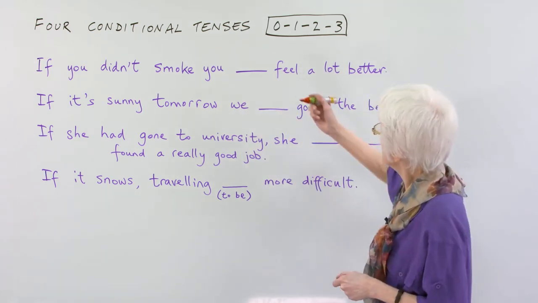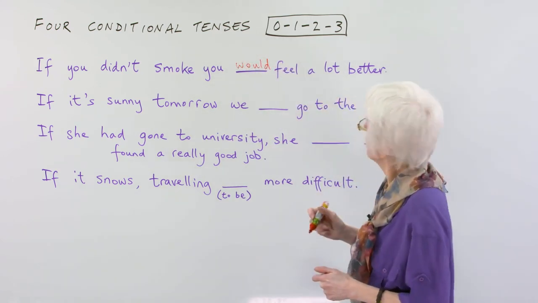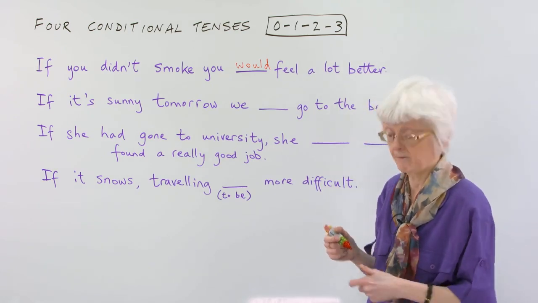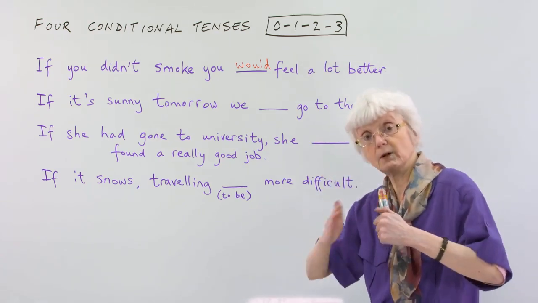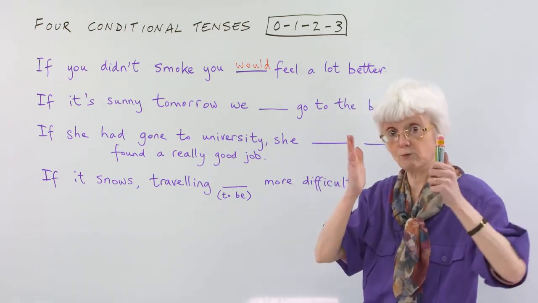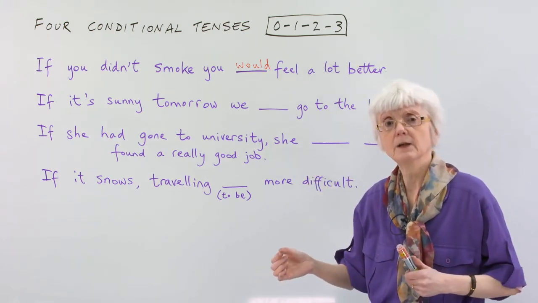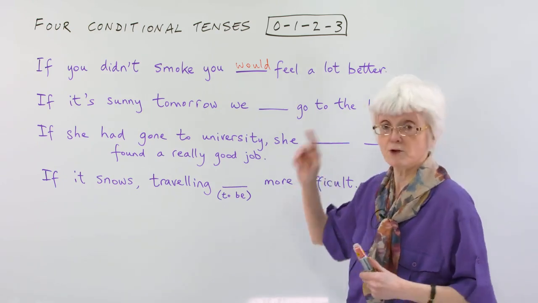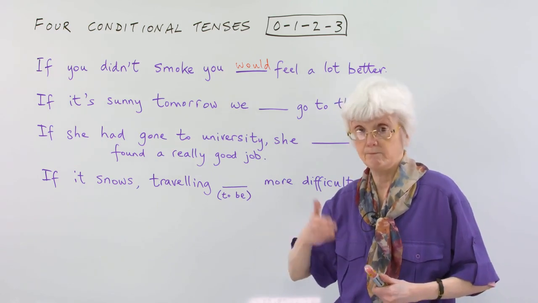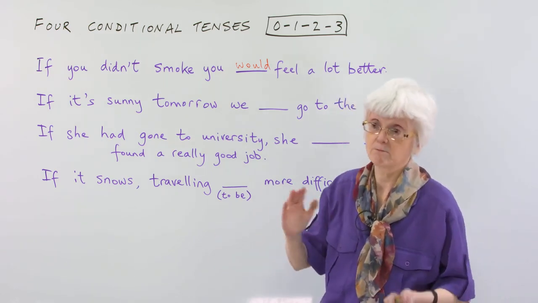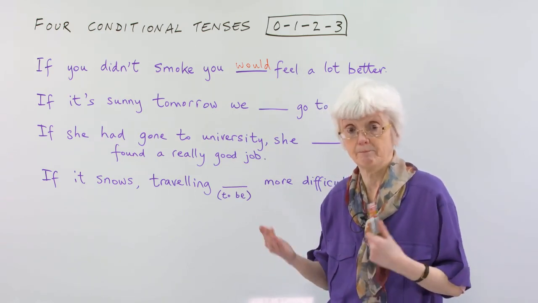Okay, so it's would. You would feel a lot better. So that's quite a move away from the reality of the situation. It's a theoretical idea. For someone who does smoke now, if they stopped smoking, that's possible, but what are the chances of someone stopping smoking?